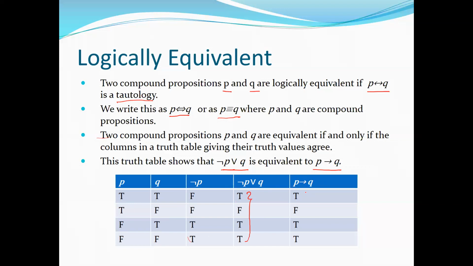False false is true. So these are the truth values of P implies Q. And if you see, these two columns are the same: true false true true. So when they give the same result on the same propositions, this is logically equivalent. It means not P or Q is logically equivalent to P implies Q, right?